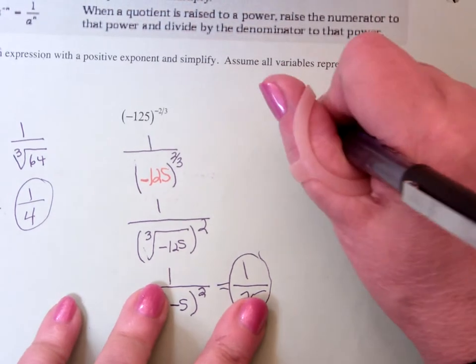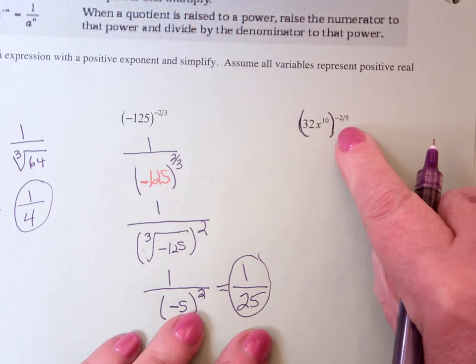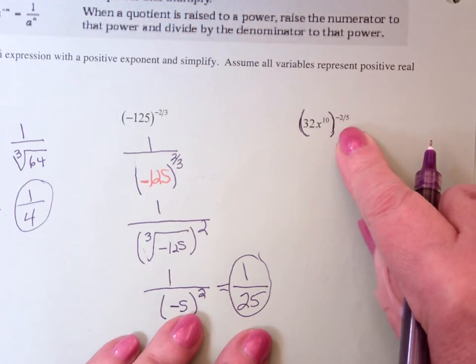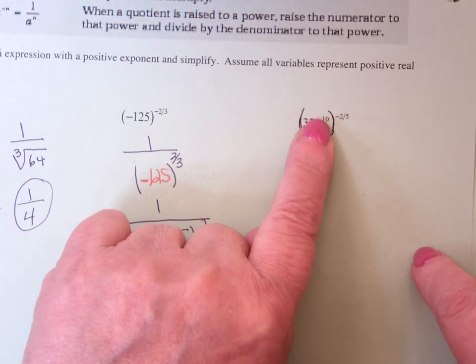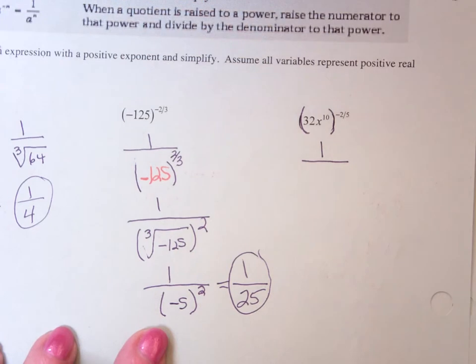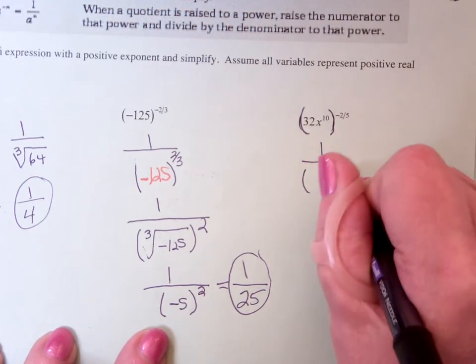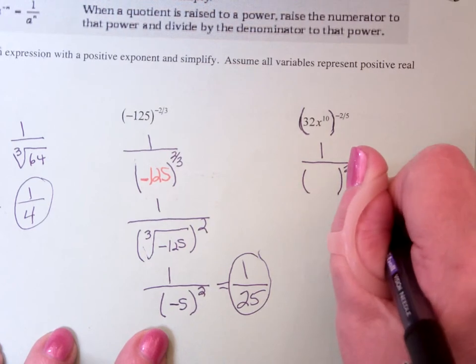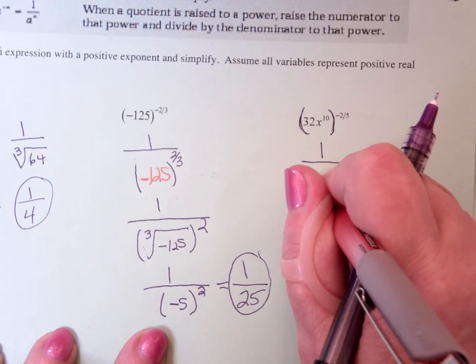Now again, this is a set of parentheses. That's your power. I don't care what's in the set of parentheses because the power affects that whole set of parentheses. That's why when I look at this, it says it's 1 over, because it's a negative exponent, whatever that set of parentheses is to the 2/5 power. And now I care about what's in the parentheses.